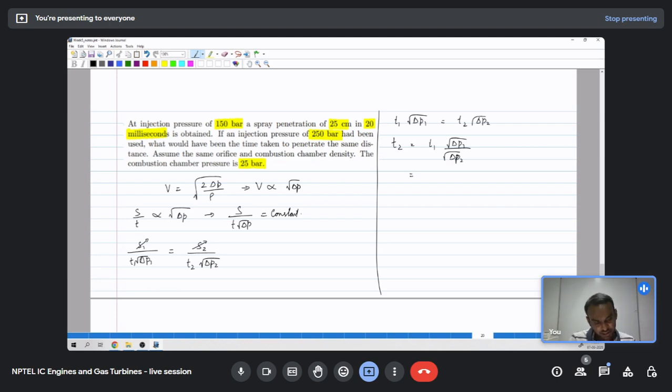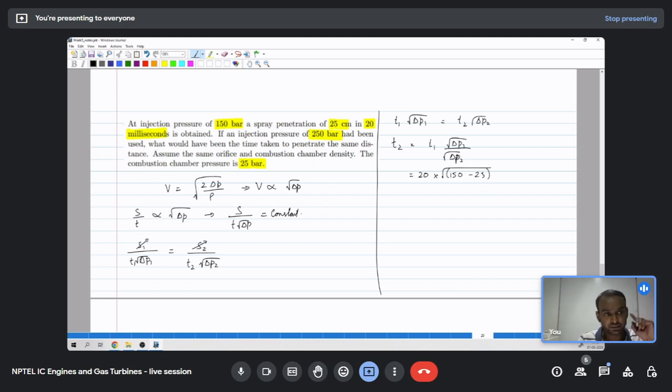In the initial case the time T1 was 20 milliseconds, and for the delta P1 I had 150 bar as injection pressure minus the chamber pressure, which is 25 bar.